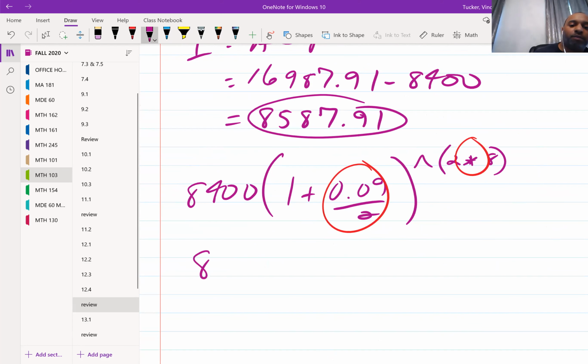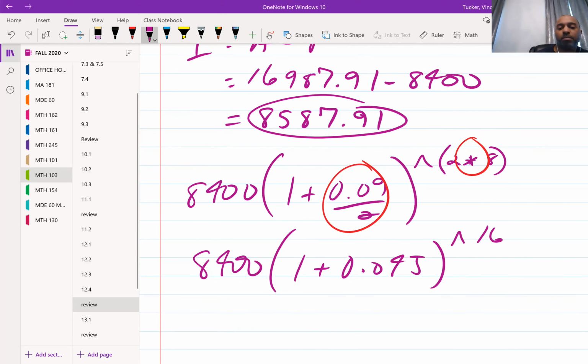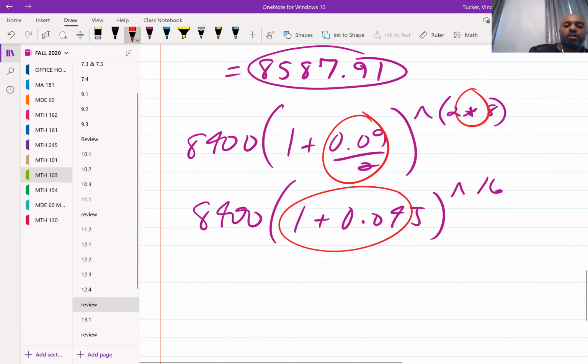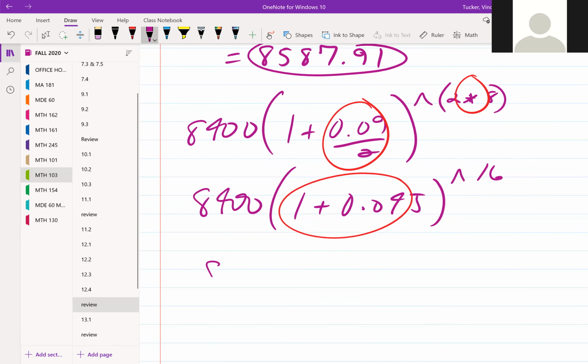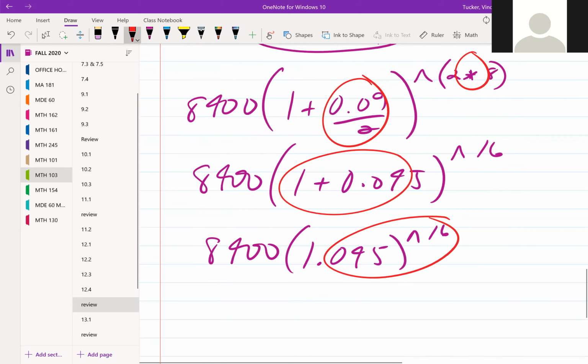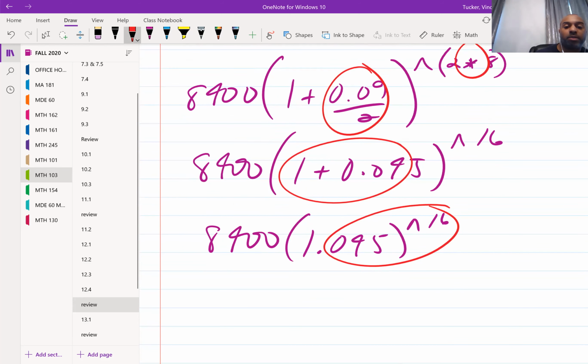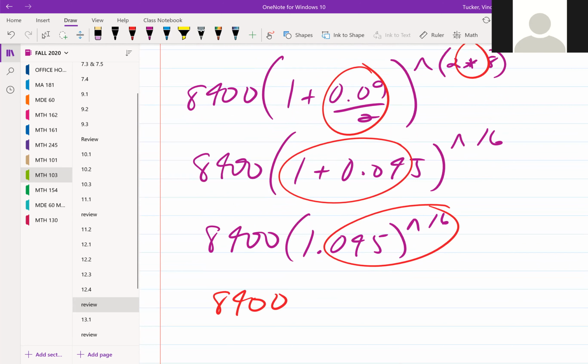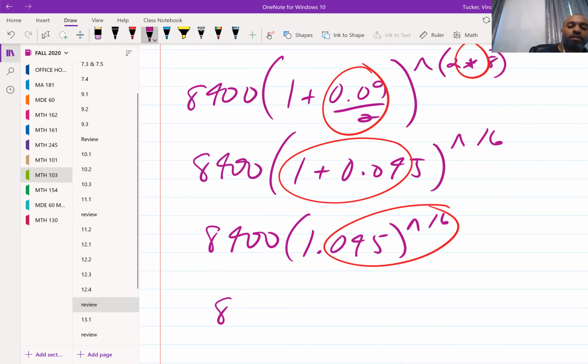So that means I have 8,400, 1 plus 0.045, and that's raised to the 16th power. Then you can go ahead and add these together, which would be 8,400, 1.045, raised to the 16th power. I would go ahead and raise that to the 16th power. Like I said, it depends on the type of calculator you have.